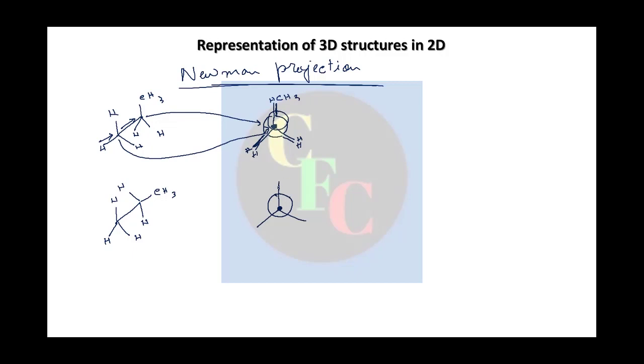So when you are drawing the staggered form, you have to draw it here, right? It's like this. The three bonds are like this. Now put in the substituents; they are all hydrogen here in our case. Here now we have CH3, H and H. So this is the Newman projection of the staggered form of propane.